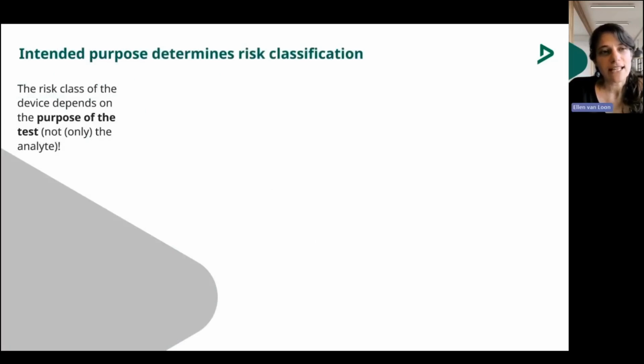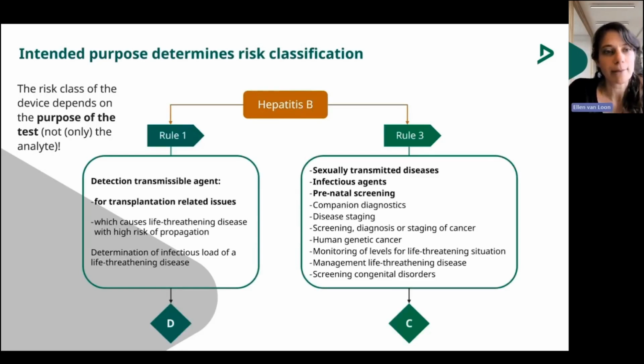It's good to realize that actually the intended purpose determines the risk classification, and it's not only the analyte. So, for example, here hepatitis B. If you would have a device that detects hepatitis B on blood donations, for example, so for transplantation-related issues, then it's actually a Class D device.